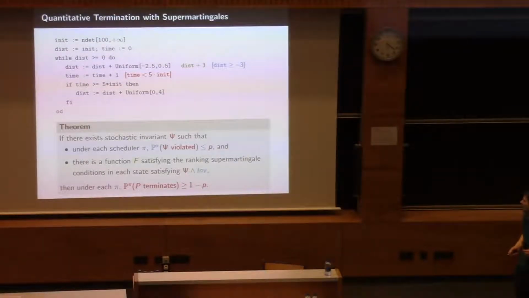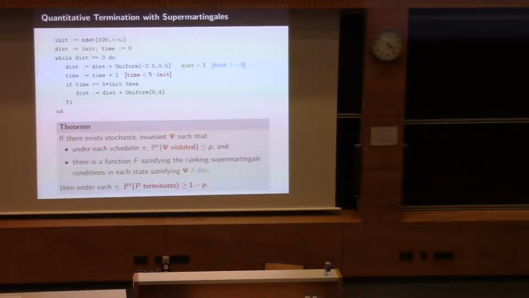So this leads me to our first simple proof rule, which states that if for a program there exists such an assertion whose probability of violation is at most some p, and at the same time there is a function which satisfies the supermartingale conditions in all states that satisfy this assertion, and possibly also some classical program invariant, then the probability that the program terminates is at least 1 minus the probability of violating this new assertion.